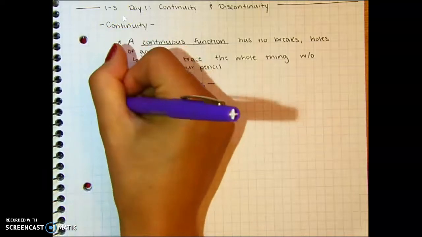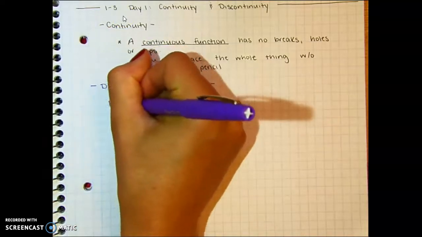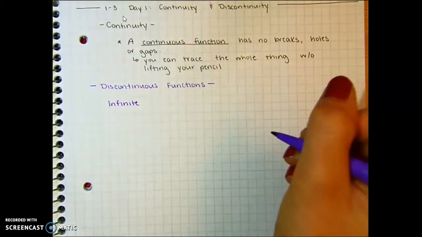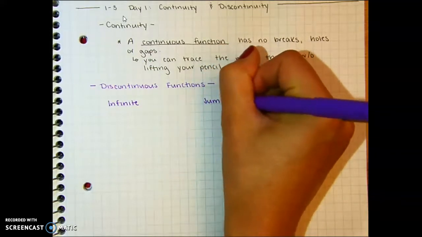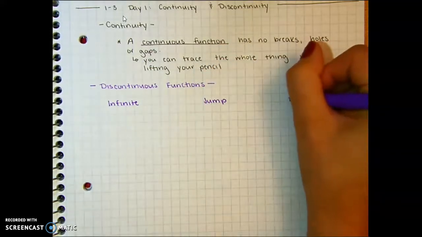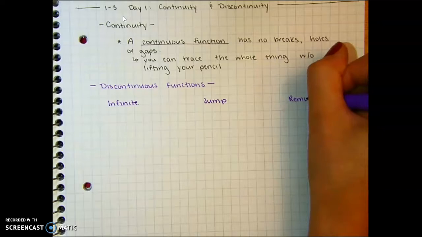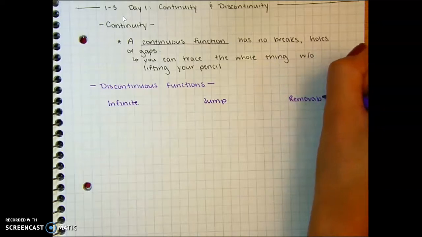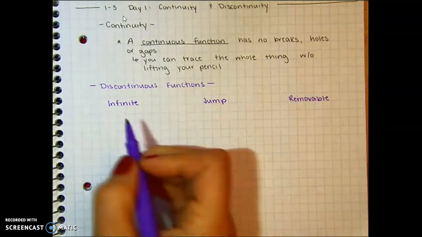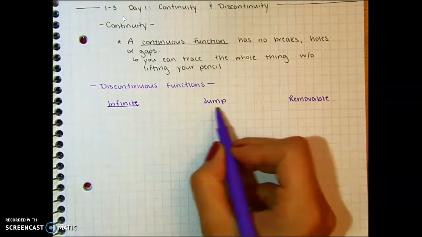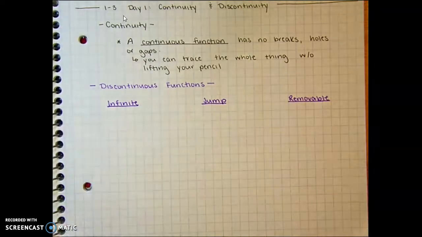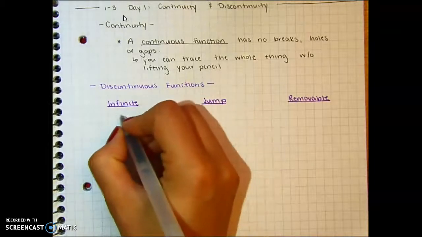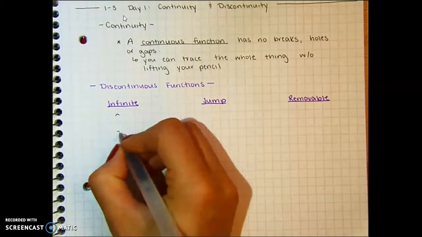There's infinite, there's jump, and there's removable. Careful to take good notes here so you don't mix them up. So infinite, jump, removable. And we're going to make a little sketch of each so you've got a good visual on what they look like.